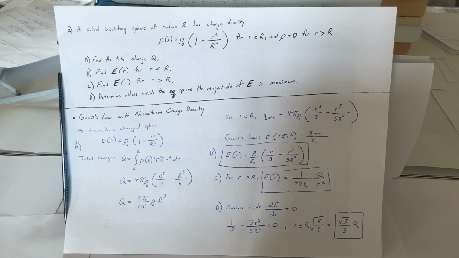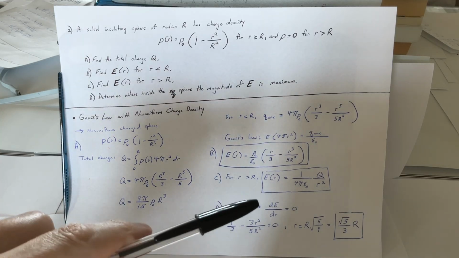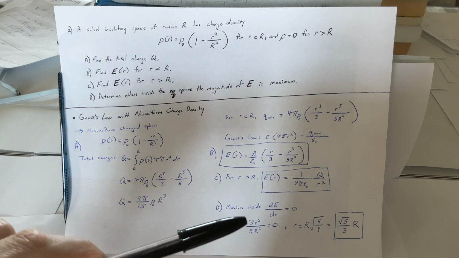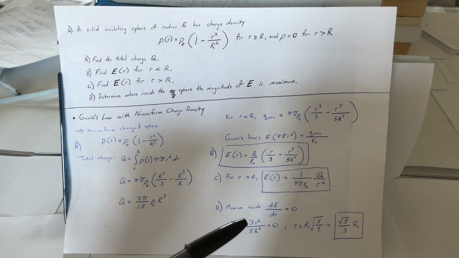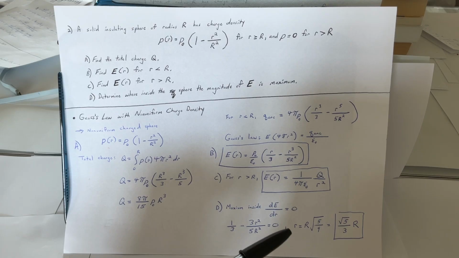Maximum inside. We find the derivative of V with respect to r and set it equal to 0. So that's going to be 1/3 minus 3r squared over 5 capital R squared equals 0, or r equals capital R square root of 5 over 9.